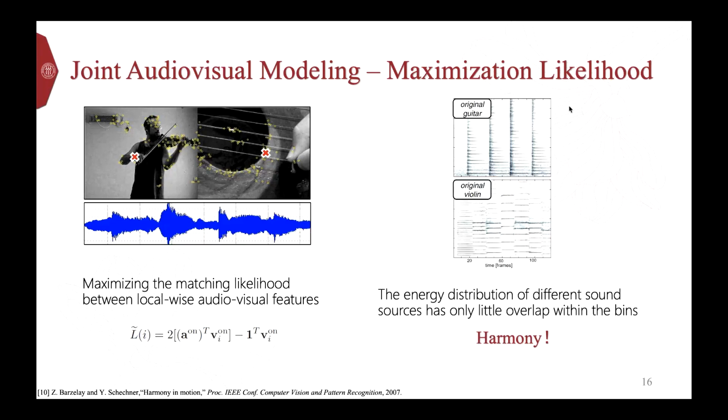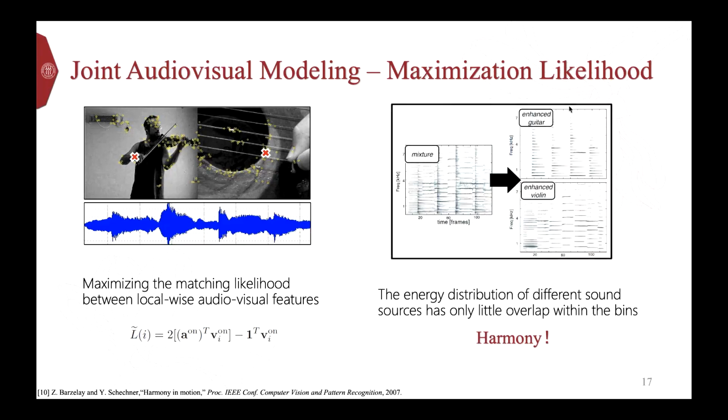These properties can help supervise how to train the model in the audiovisual modeling framework. In this figure, we can see that from the separation of sound mixtures, using the model, it can separate the guitar and violin into different spectrograms, and they share little overlap within the beams. This is the harmony property.